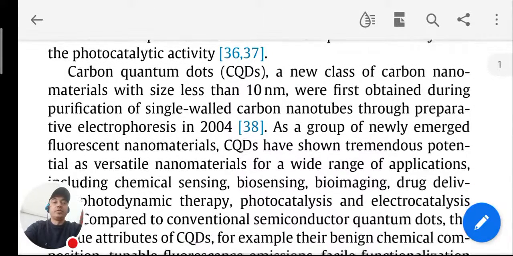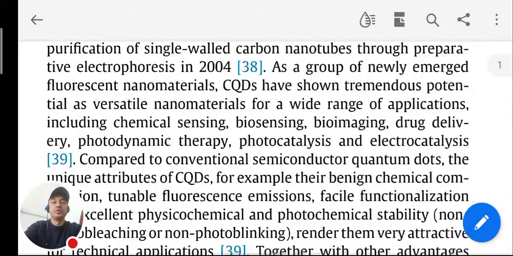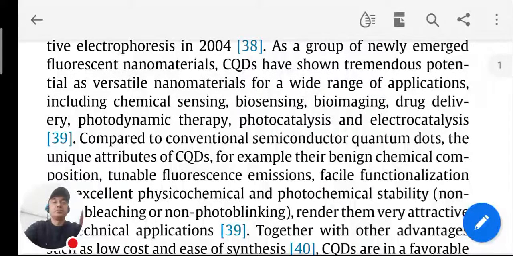These newly emerged fluorescent nanomaterials have shown tremendous potential as versatile nanomaterials for a wide range of applications, including chemical sensing, biosensing, bioimaging, drug delivery, photodynamic therapy, photocatalysis, and electrocatalysis.